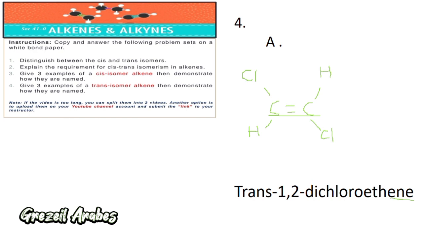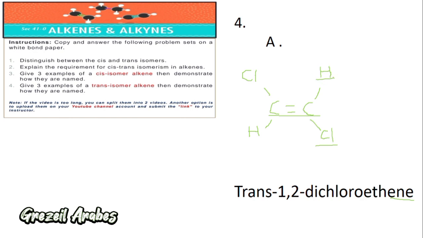However, in the trans-isomer alkene, trans means in Latin across or the other side. So that's why, ma'am, our example is changed into this. So our chlorine is in the down part, and then the hydrogen is in the upper side, ma'am.